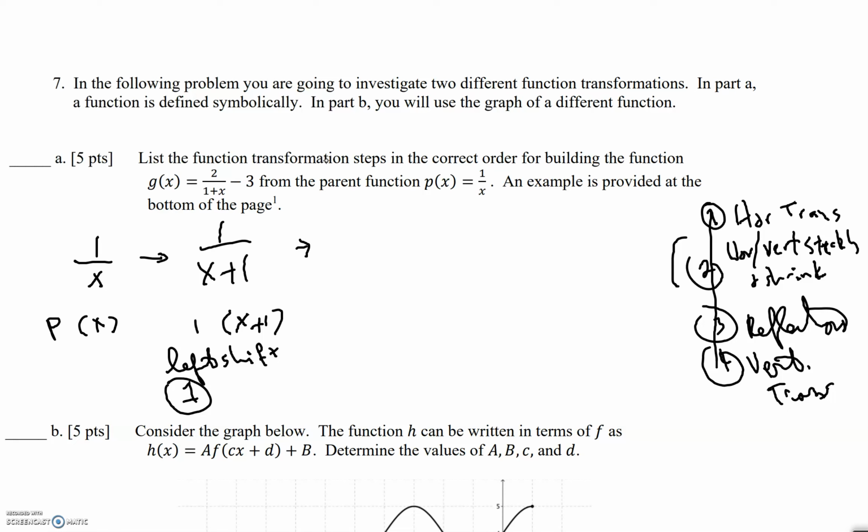That's P of x, then P of x plus 1, and then we're going to do 2 over 1 over x plus 1, right? And that corresponds to 2P of x plus 1. So that is a vertical stretch by a factor of 2.